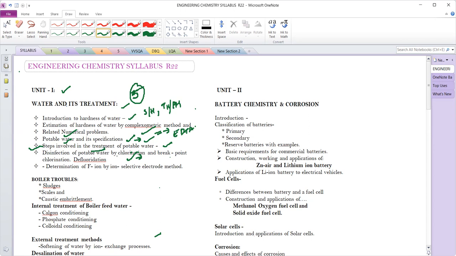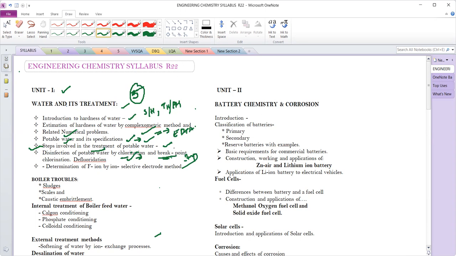In this particular step, that is chlorination, there is one important point that we have to understand, that is breakpoint chlorination. Understand? So breakpoint chlorination will also be there, and it is very important. Next thing is coming to defluoridation.